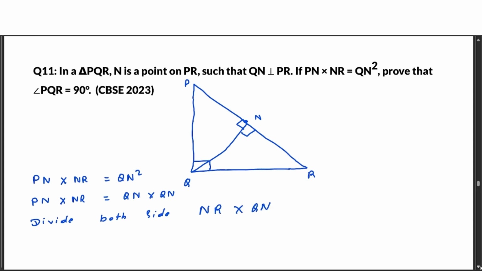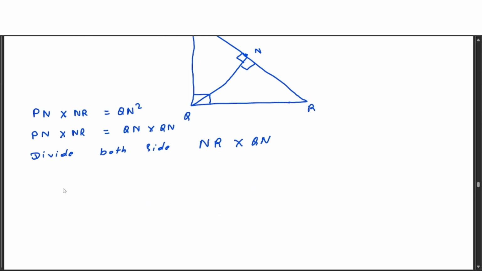So when we are dividing, we can say that PN times NR divided by NR times QN is equal to QN times QN over NR times QN.